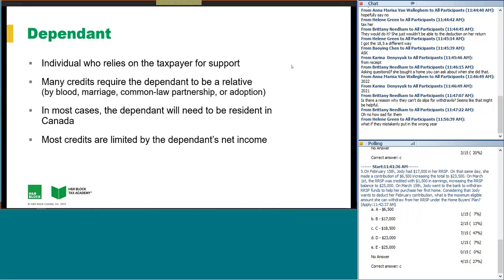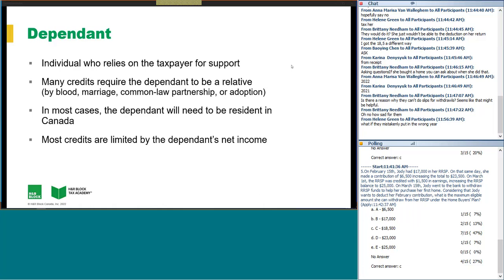But most of the time, it has to be some type of connection between you and the person that you are supporting, other than friendship. Most of the time, in Manitoba, not all of the time. In medical expenses, you'd be learning about a credit where that's not relevant.